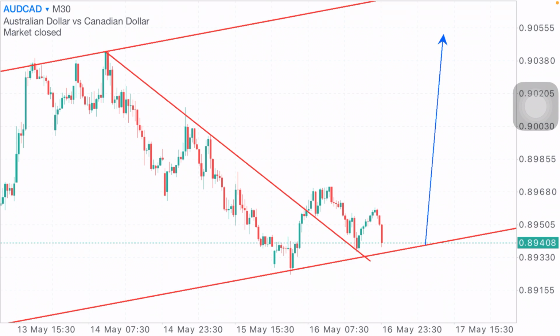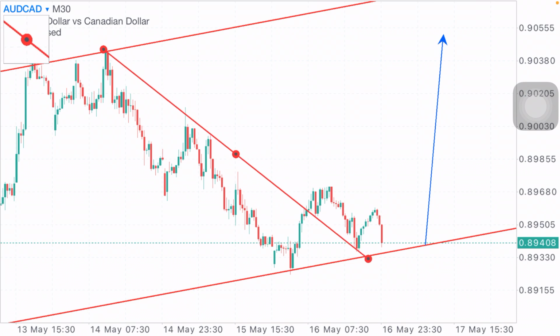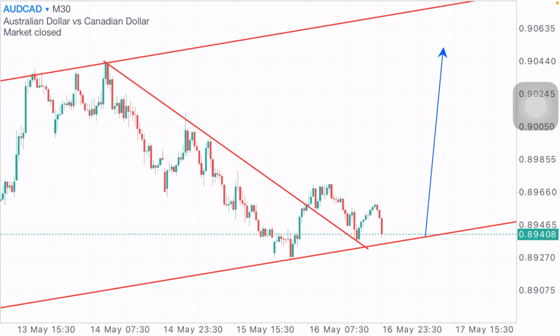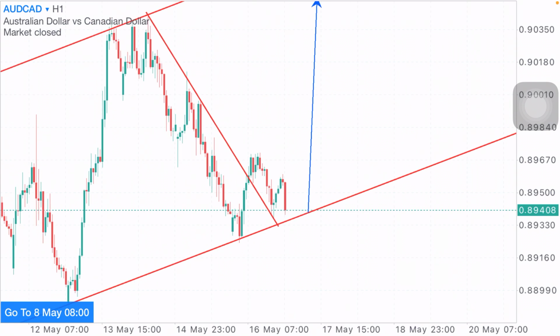I draw this trend line here. What am I looking for? Breakout and retest, buy. We've got two confirmations of a buy entry, right? Once market opens, we're looking for buys. It's not that hard, chance. It's not that hard to analyze.